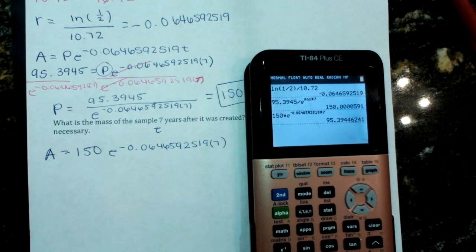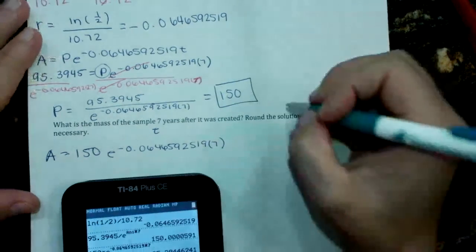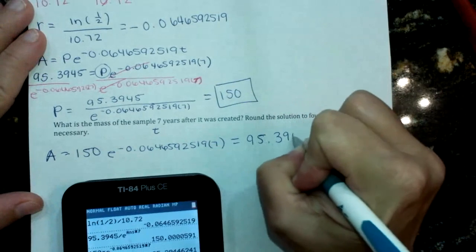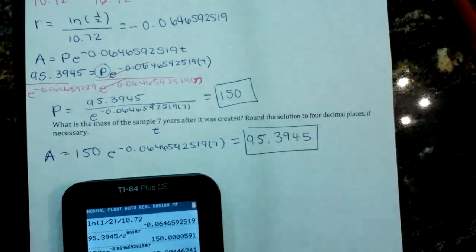That will give us our final answer, and it says round to 4 decimal places. So we get 95.3945 as our final answer.